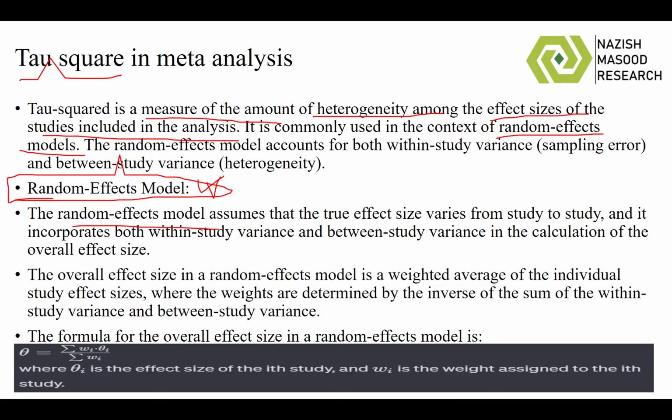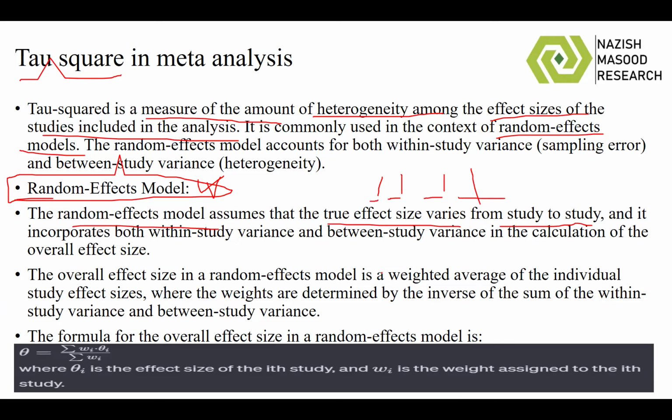Basically, the random effect model assumes that the true effect size varies from study to study. What does that mean? Well, that means that if this is one study, two study, three study, four studies, they might be from different types of populations.